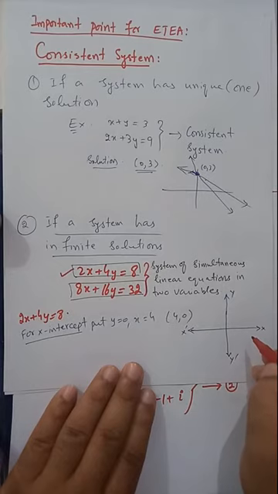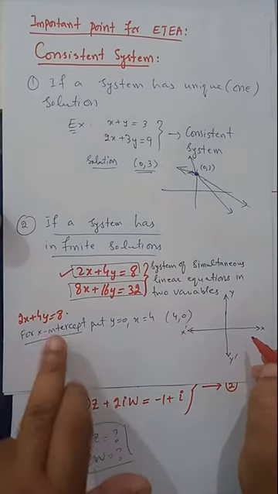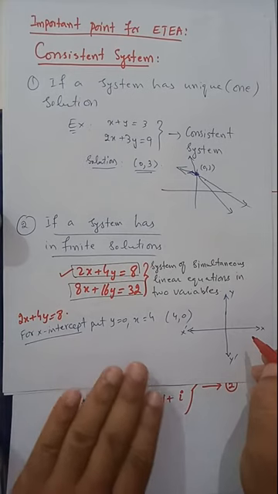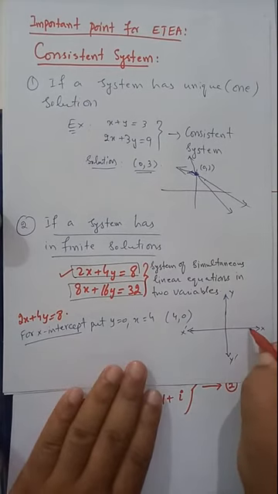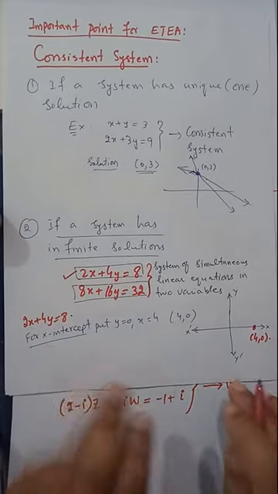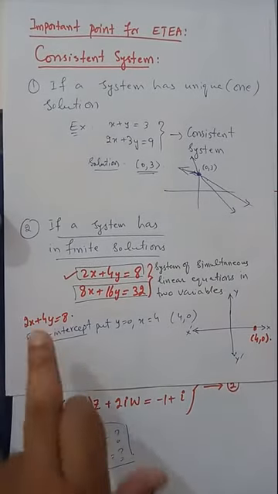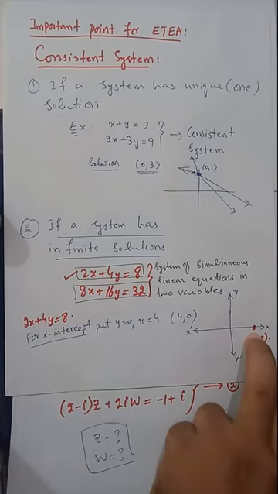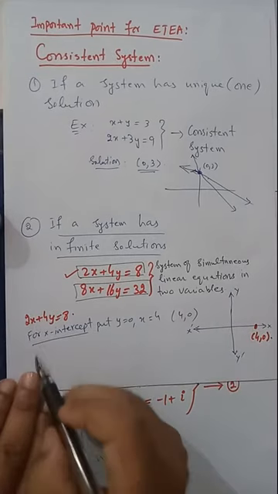When you put y equal to 0, 2x is equal to 8, meaning x is equal to 8 by 2, meaning x is equal to 4. So (4, 0) is the x-intercept of this line, meaning this line passes through the x-axis at this point.